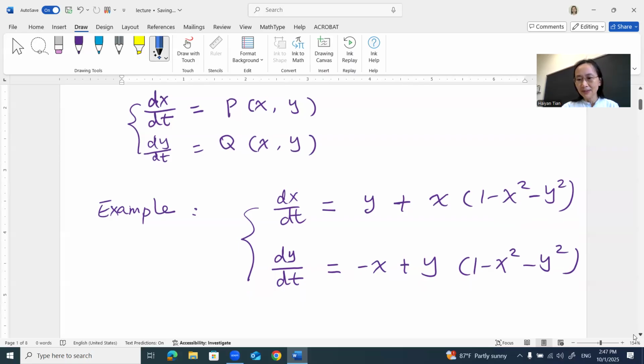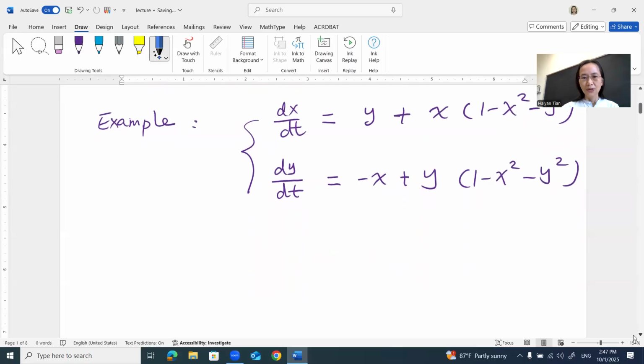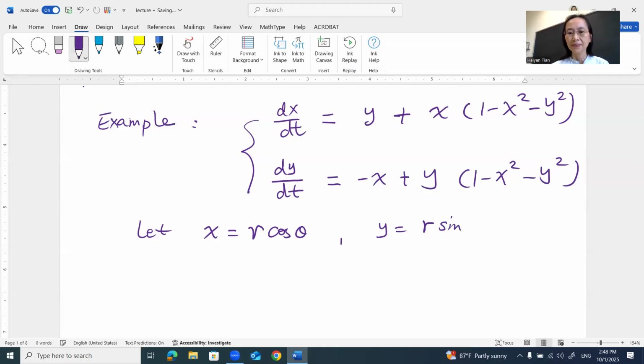So for this system of two equations, we let x be r cosine theta, y be r sine theta. That means we're going to do a change of variables.